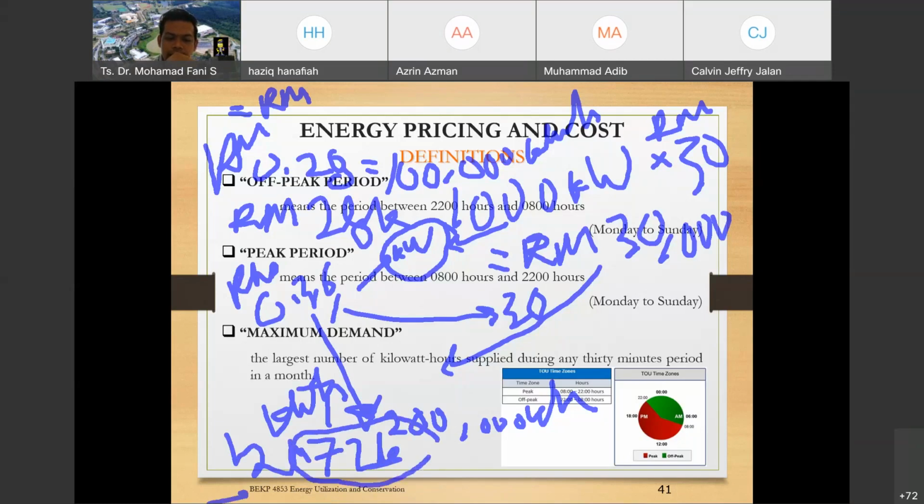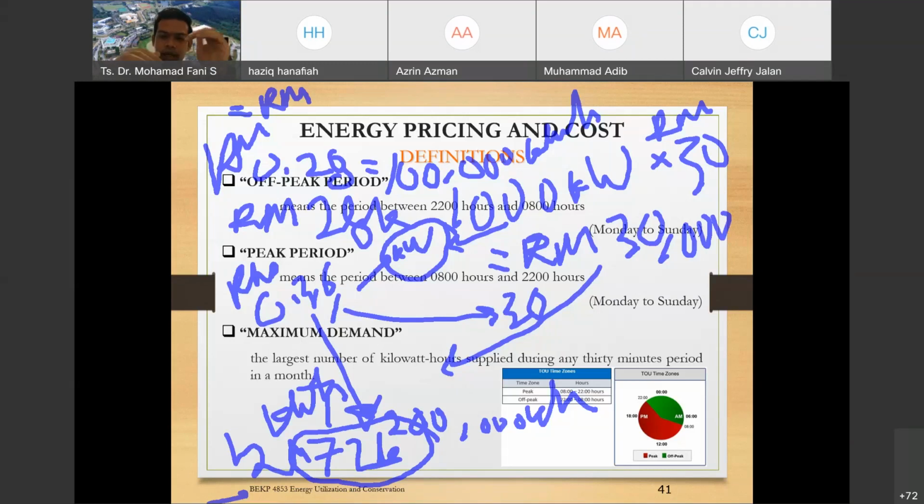So plus, get the sum for all the components, 72 plus 28 and plus 30. So you can get the monthly bill for this example. So berapa semua sekali bill dia? 130K. Okay, good. 130K.